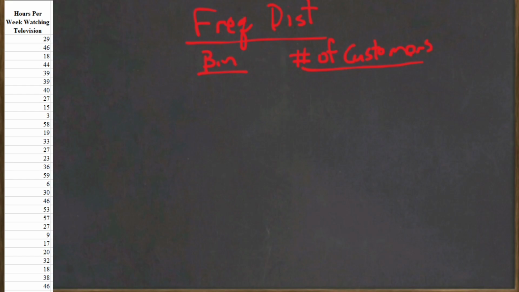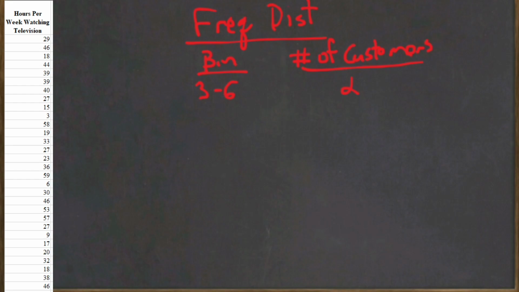There, we do know 39 has 2, but we wouldn't be summing up very much, right? So instead, we're going to make ranges. So something like 3 to 6, perhaps that's going to be one of our bins, and maybe that would have 2, and then 7 to 10 or something like that.